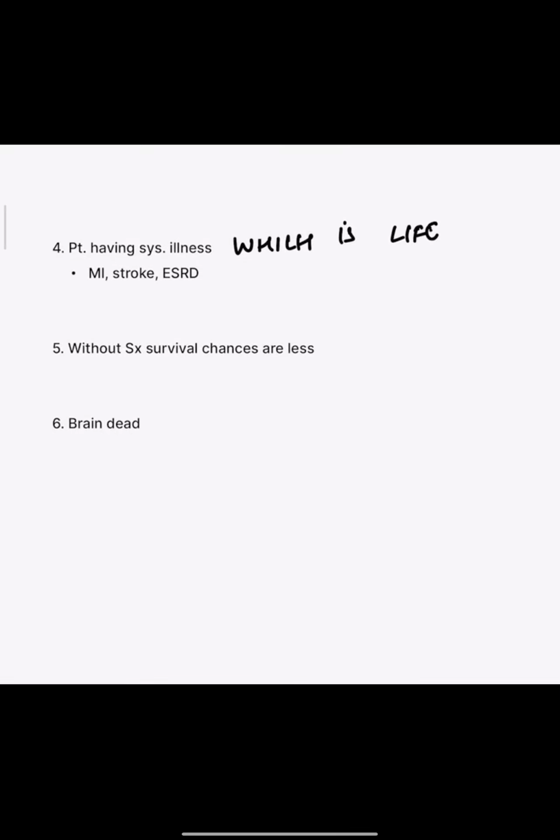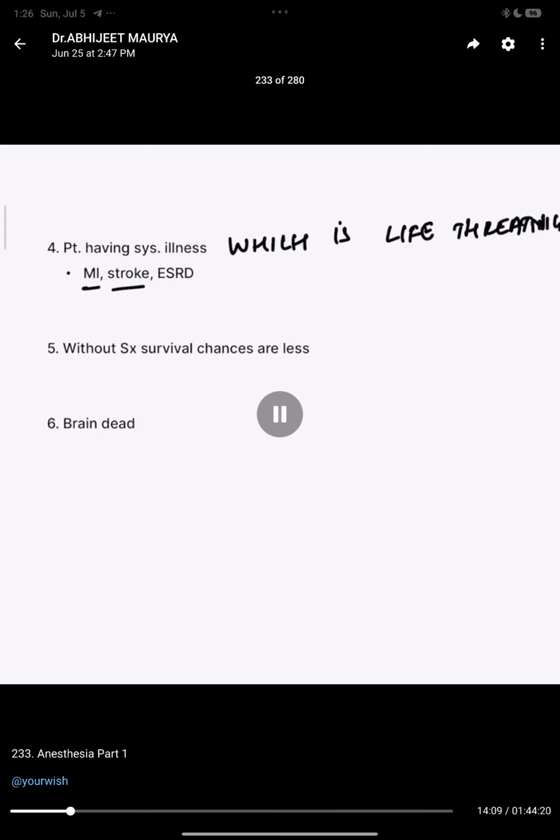When the patient is coming for some surgery like hernia or hydrocele surgery, but he is telling you, "Doctor, 2 months back I had an MI." So that MI that he had 2 months back will pose a threat to his life during this surgery. Any patient who is having a systemic illness which is life threatening comes under ASA class 4. Example, recent MI or recent stroke.